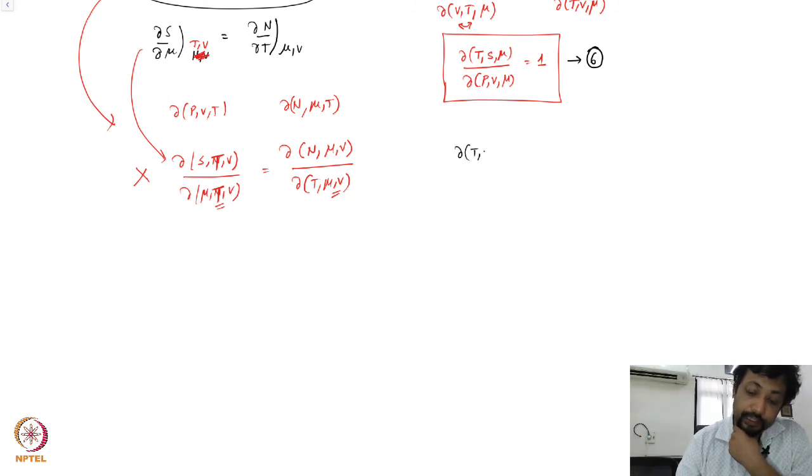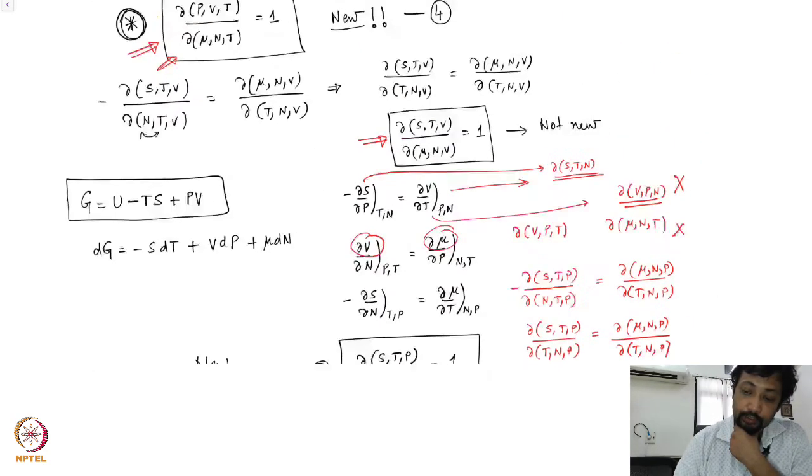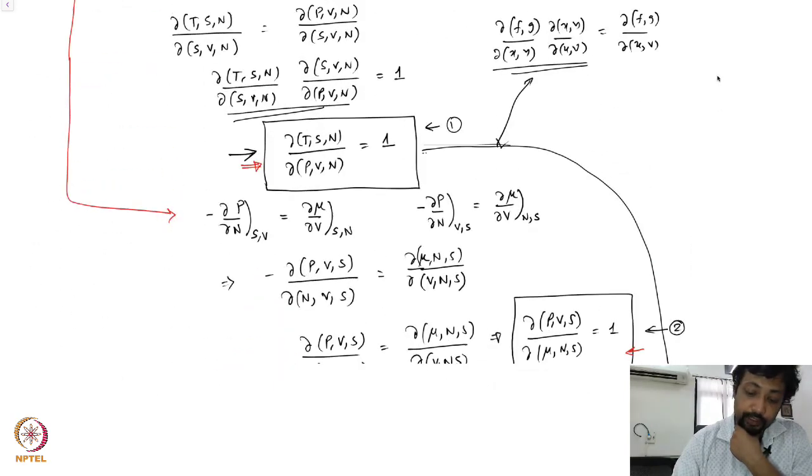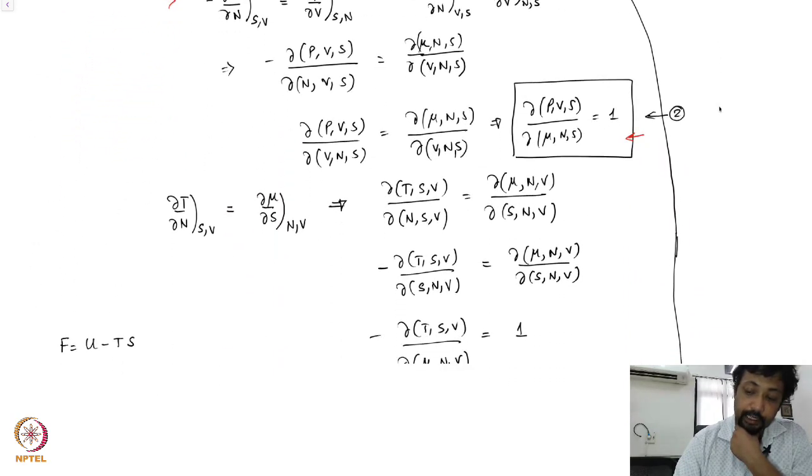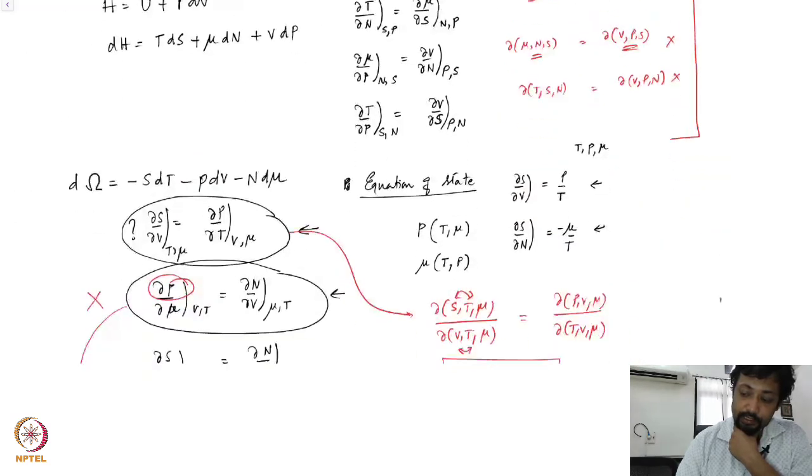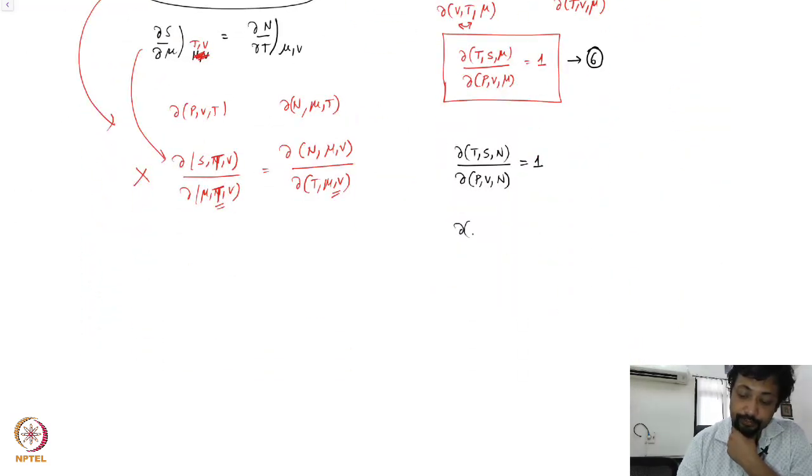∂(T,S,N) over ∂(P,V,N) is equal to 1. You should always check whether you've written it down. Yes. Then the second one is P V S and μ N S. So ∂(P,V,S) over ∂(μ,N,S) is equal to 1.